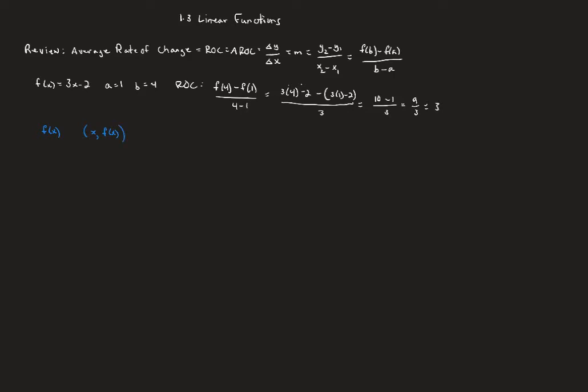If you want to think visually, imagine that our curve is doing something like that. There is our f of x curve, and right in here is a point, and its x value is x, and that means its y value must be f of x because it's on that curve. So that point is (x, f of x).